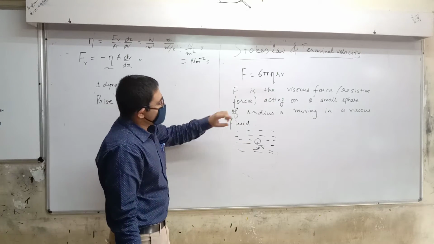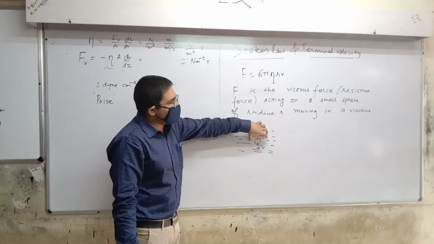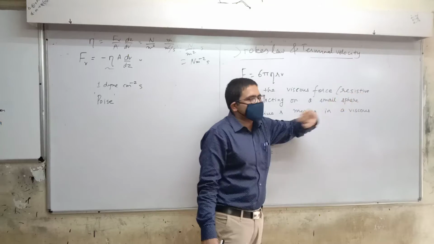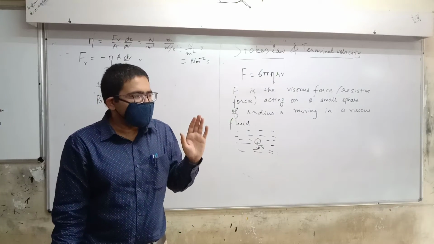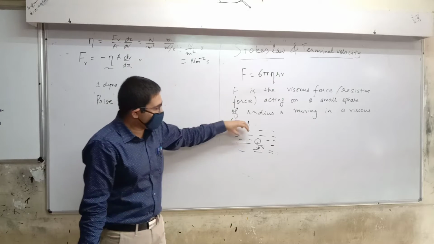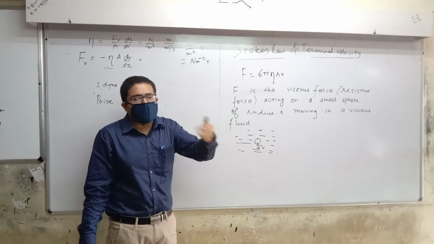In that case, when this tries to move, the fluid will oppose that motion. It will resist, which means to oppose. So it's trying to move down, and the fluid will try to stop it.